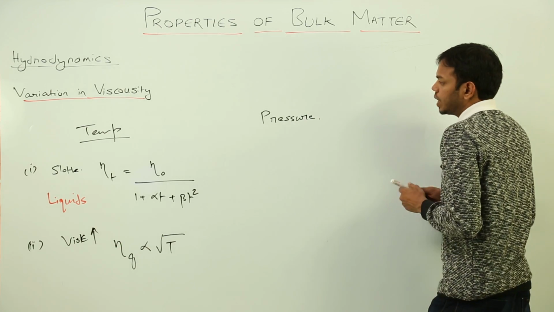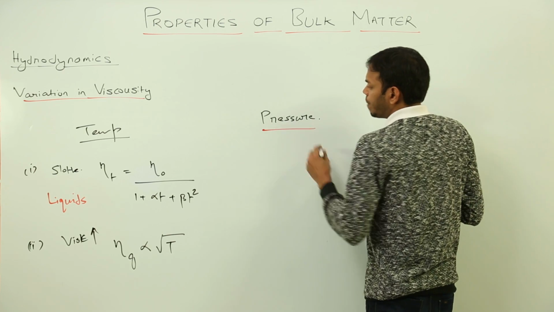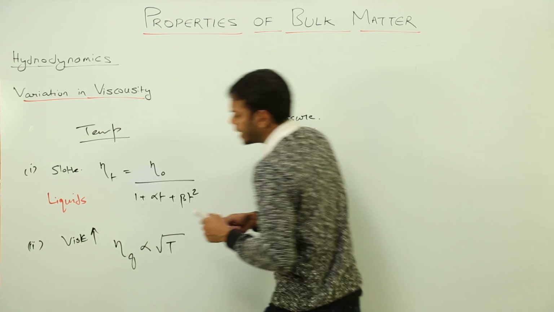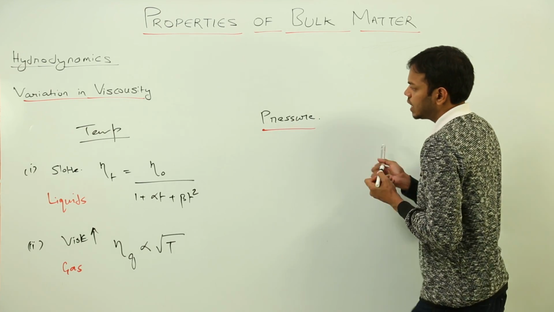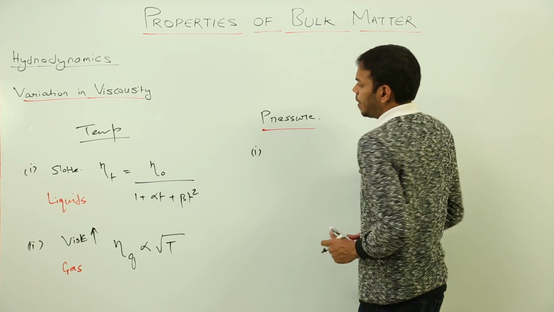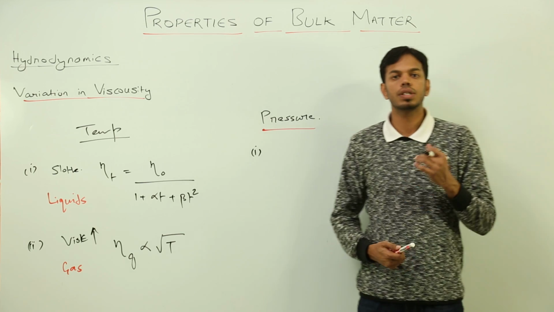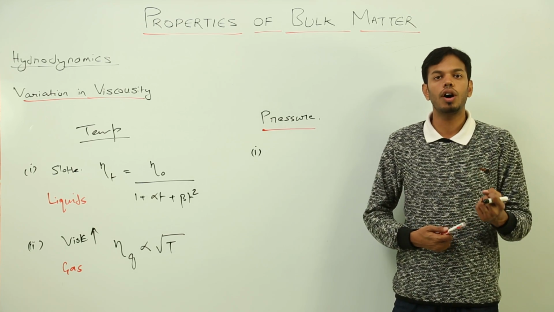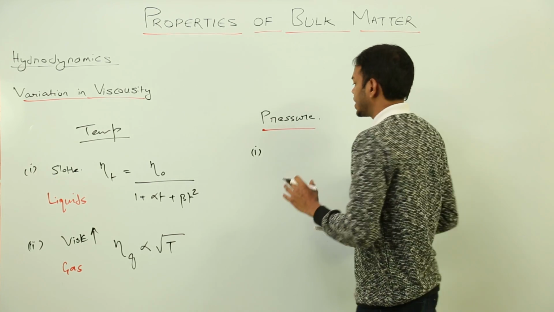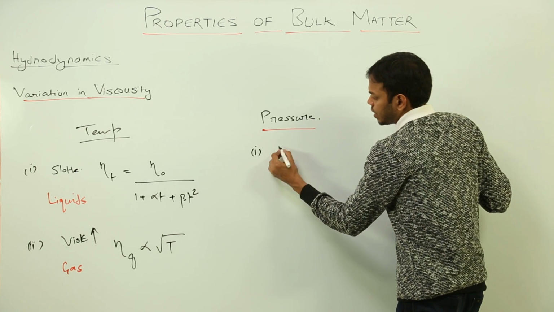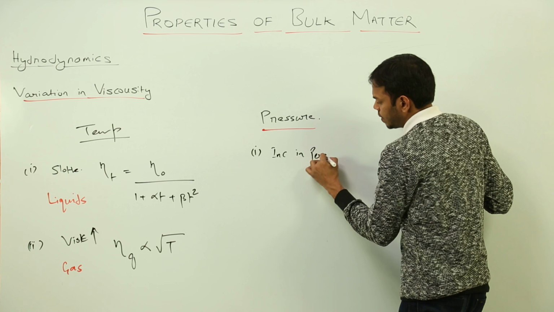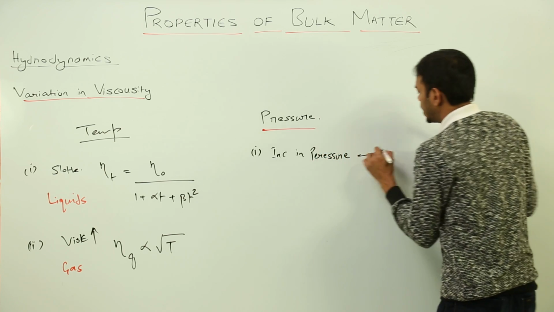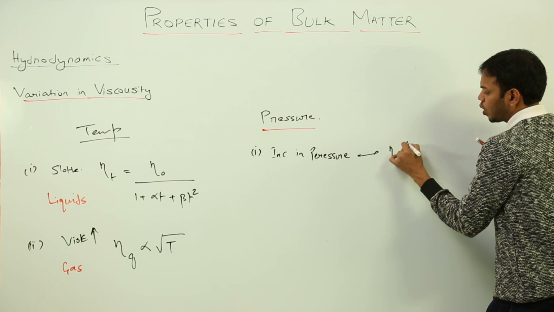Now pressure. When we increase the value of pressure for liquids, this was for the gas, and the first case for liquid, with an increase in pressure, the viscosity of liquids also increases, right? An increase in pressure will make viscosity also increase.